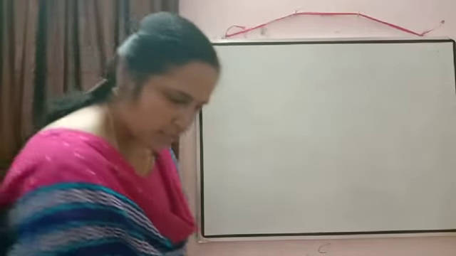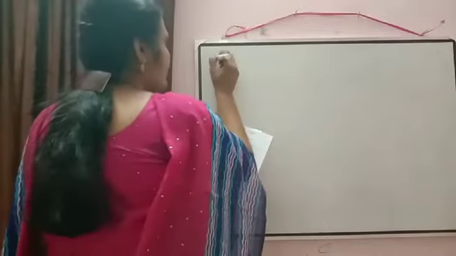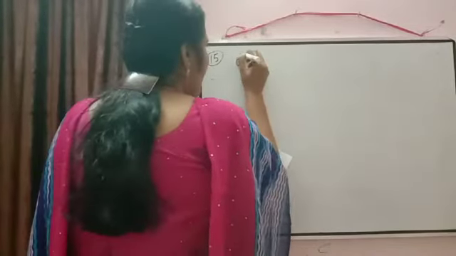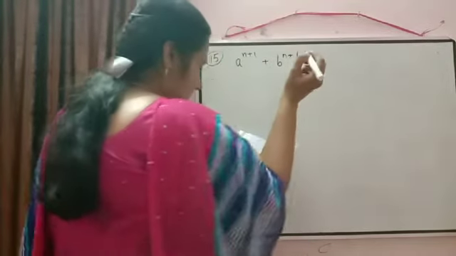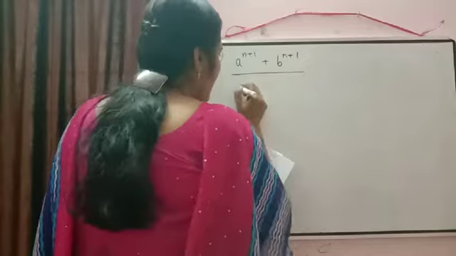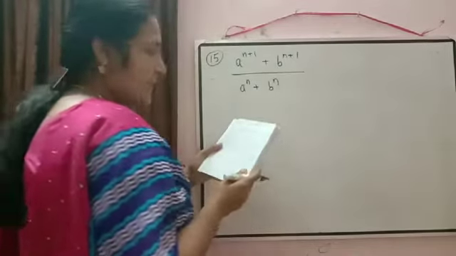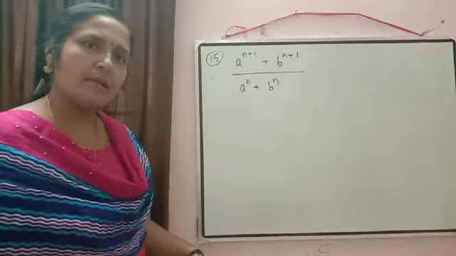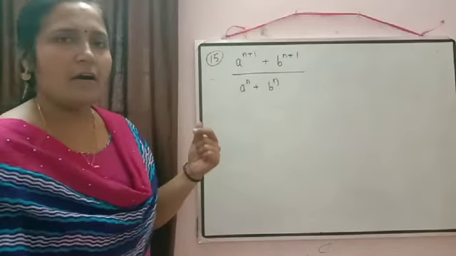Now the next question is written: for what value of n is (A raised to n plus 1 plus B raised to n plus 1) by (A raised to n plus B raised to n) the arithmetic mean of A and B?